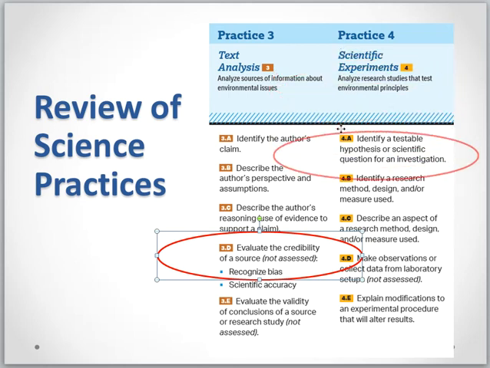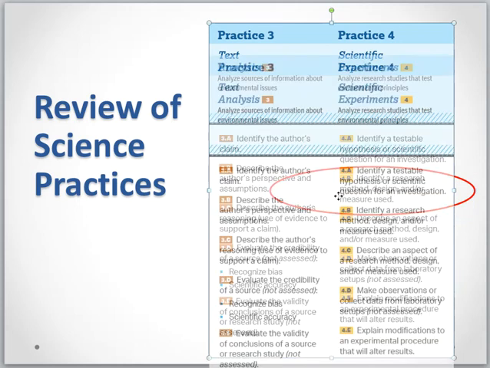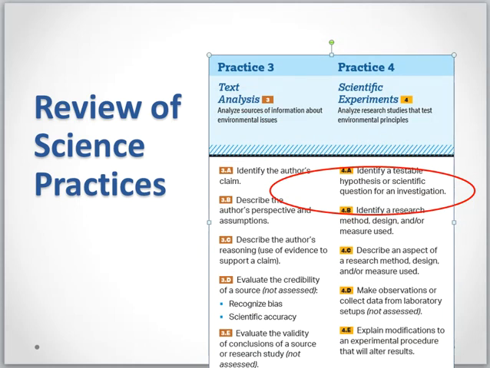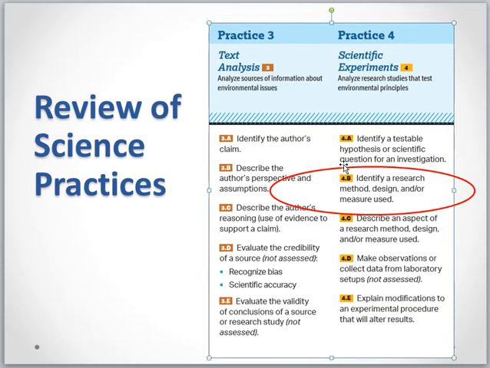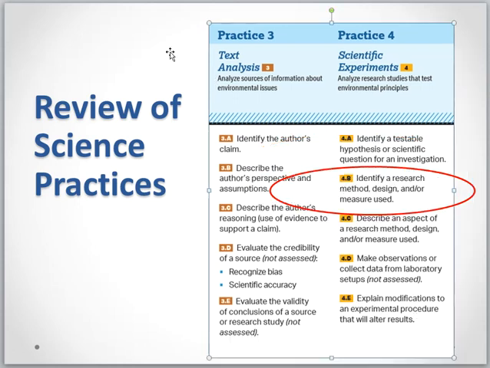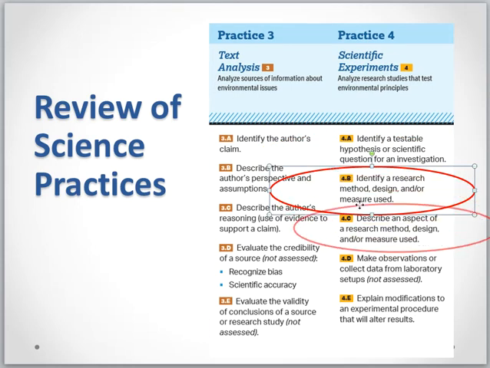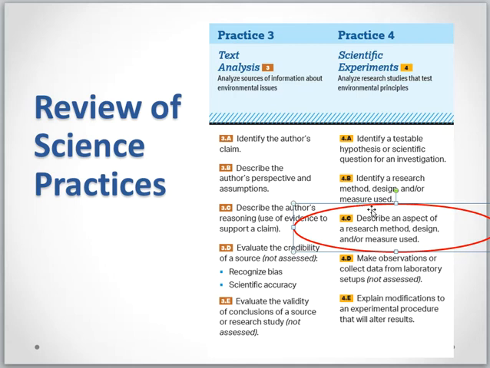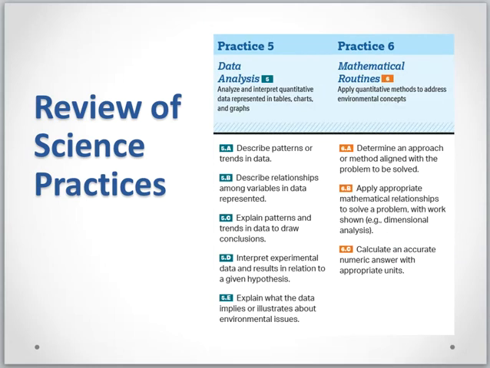Did they have a testable hypothesis? What was the research method? Describing an aspect of the research method, design, or the measure used. You have to understand the scientific principles that they used in that. So that's practices 3 and 4.